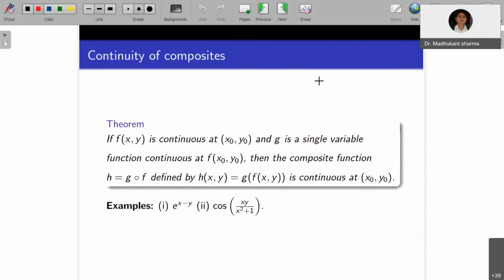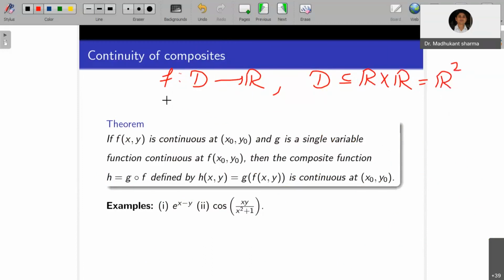Okay, so now we can talk about the continuity of composite functions. Note that f is from D to R. What is D? D is a subset of R cross R, that is R square.